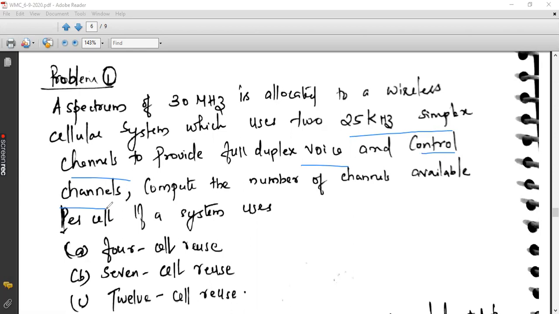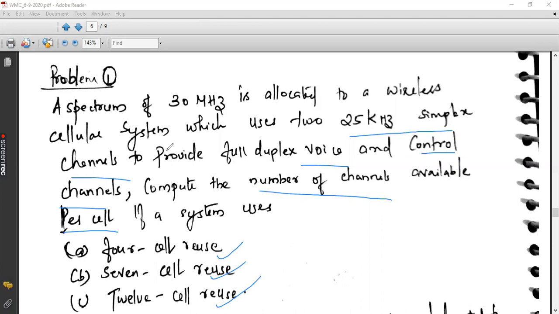There are two kinds of channels. And we need to compute the number of channels available per cell of the system. Means for one cell, how many channels are allocated? That we need to find, for three different cases: 4-cell reuse, 7-cell reuse, and 12-cell reuse.